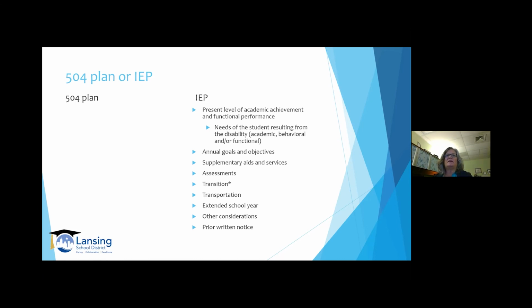So they need to incorporate enough detail that everyone on the IEP team knows what the student is going to be working on, how they will be assessed, and then how progress will be reported to the parent periodically. So those are the components in the annual goals and objectives.